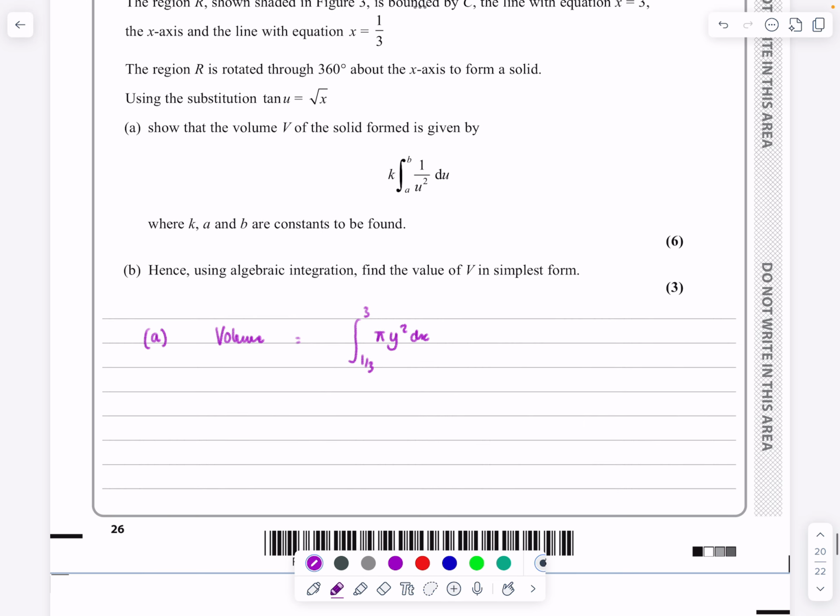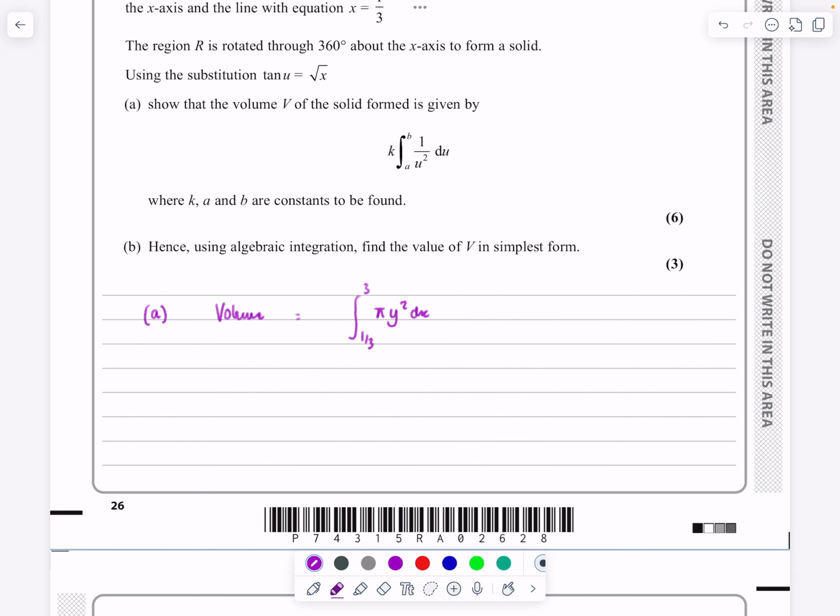I think I'm straight away going to say, okay, what's y squared going to be? Well, y is equal to x to the minus a quarter, all divided by the square root of 1 plus x, and then arctan square root of x. So yeah, not the simplest of things to look at. So if that's y, then y squared is going to be all of that squared.